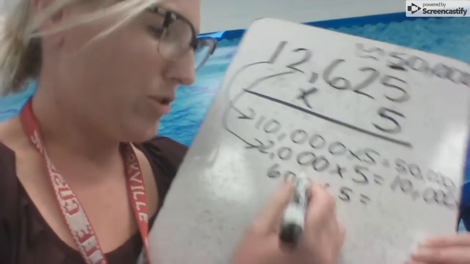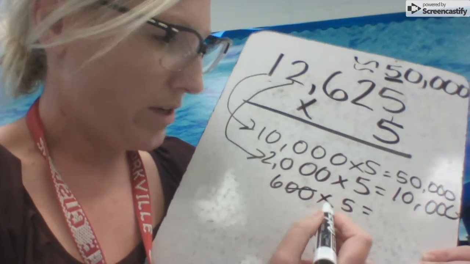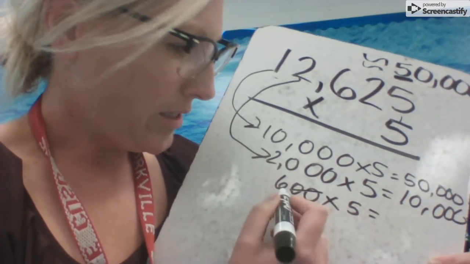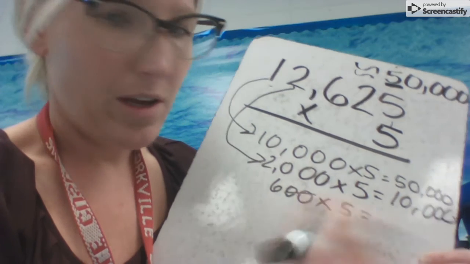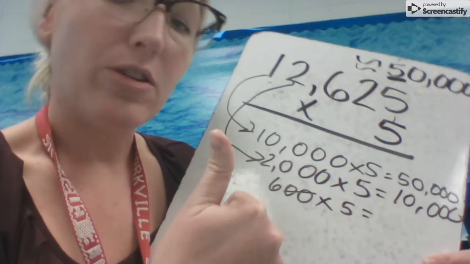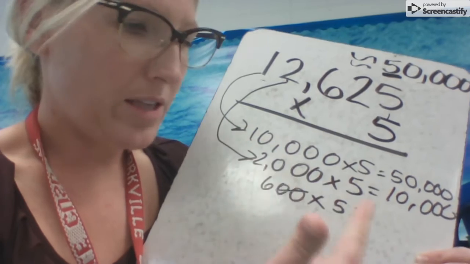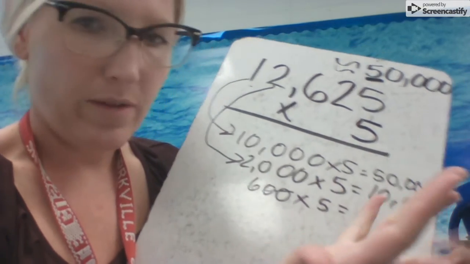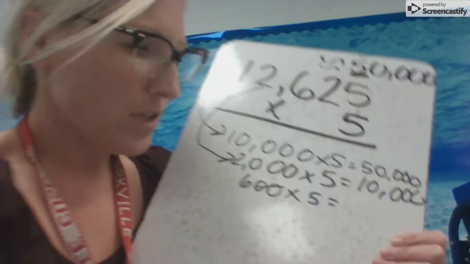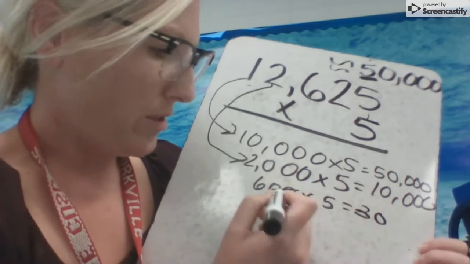Well, I know the zeros trick where you can just take off the zeros in a multiplication problem. Take 6 times 5. I know that's 30 because I can count by 5s on my fingers 6 times: 5, 10, 15, 20, 25, 30. So 30, and then you put the zeros back on.